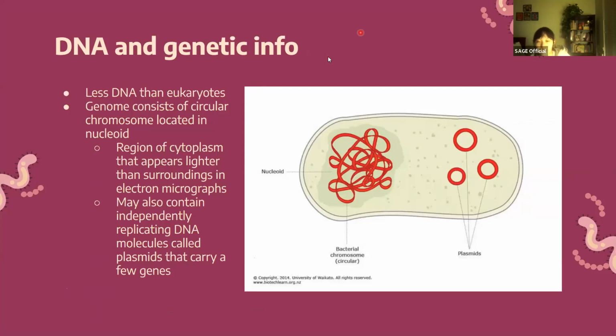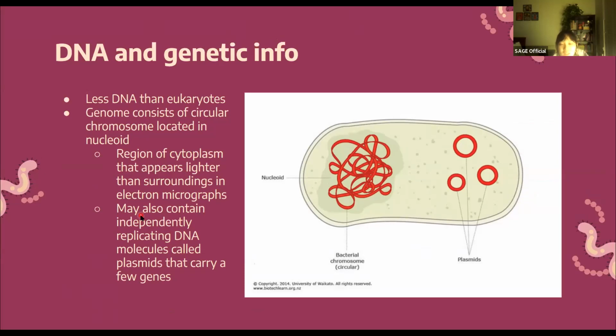So the genetic information stored in bacteria has been a very interesting research topic in the past few years, because although they have less DNA than eukaryotes because they are less complex, they have these circular things called plasmids. And plasmids are these self-replicating DNA molecules that carry a few genes.